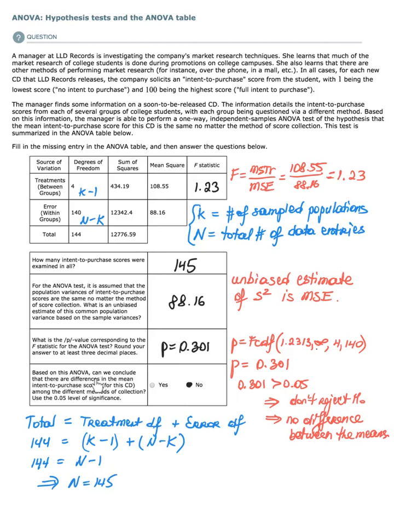Based on this ANOVA, we're asked, can we conclude that there are differences in the mean intent to purchase scores for this CD among the different methods of collection? Well, my answer is no. And the reason is because by not rejecting the null hypothesis, I claim that there is no difference between the means. Therefore, I conclude that there are no differences by saying no to this question.